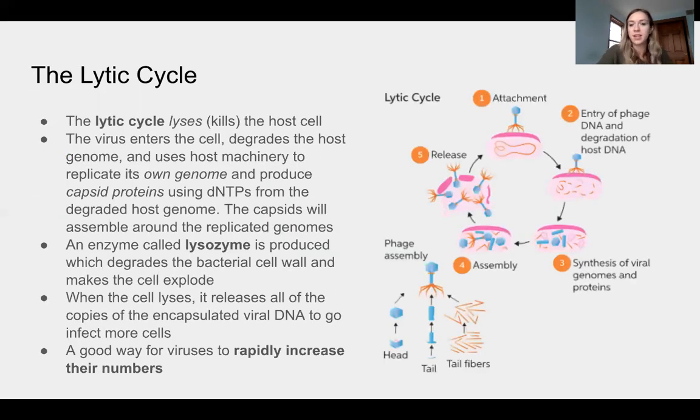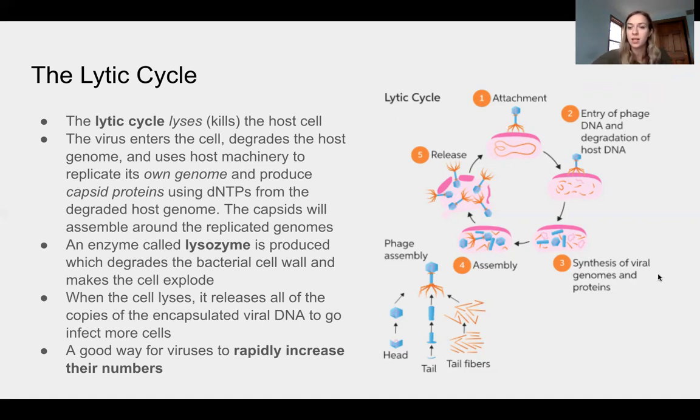All right, so the lytic cycle. The lytic cycle kills the cell, not immediately, but once the virus is in, the cell's not going to survive. The virus will enter the cell, and then it degrades the host genome, uses host machinery to replicate its own genome, and produce capsid proteins.